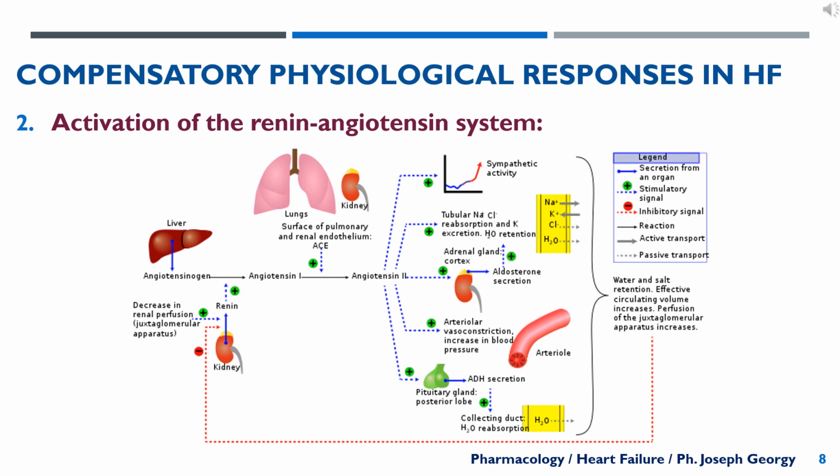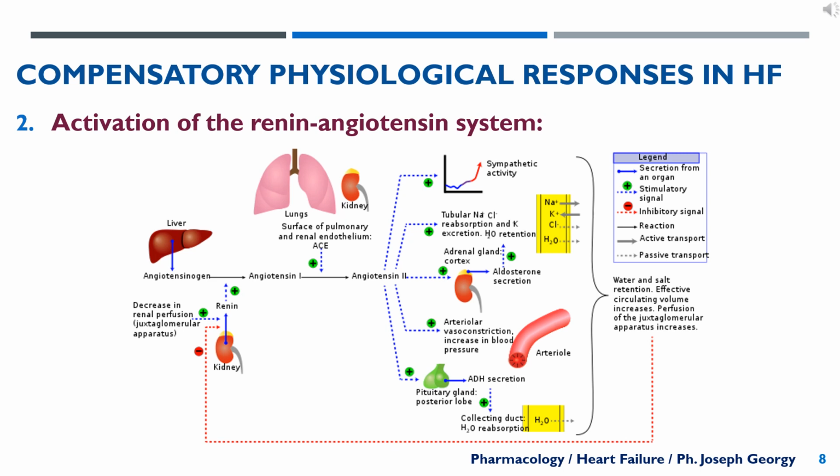This angiotensin 1 is going to be converted into the active form, which is angiotensin 2, by the function of ACE or angiotensin converting enzyme, which is secreted by cells within the endothelium of kidneys and lungs, within the pulmonary and renal endothelium.